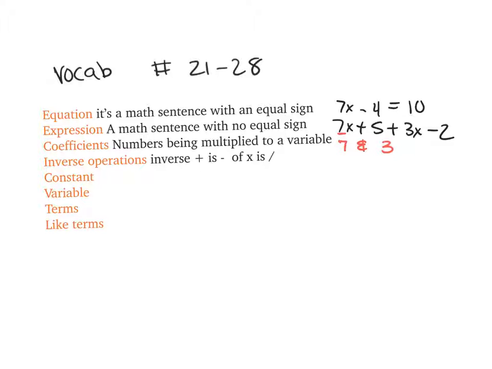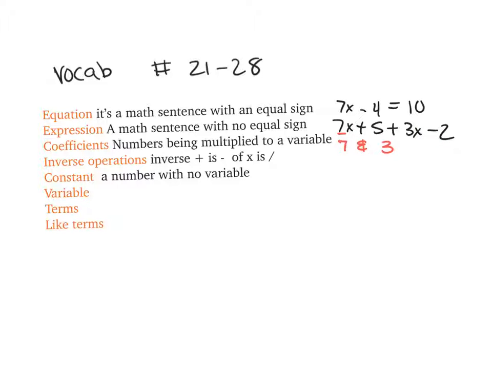A constant, unlike a coefficient, is a number with no variable. And if we look at the example above, the constants are 5 and what's the other constant in this? -2. Remember, you always take the sign in front.